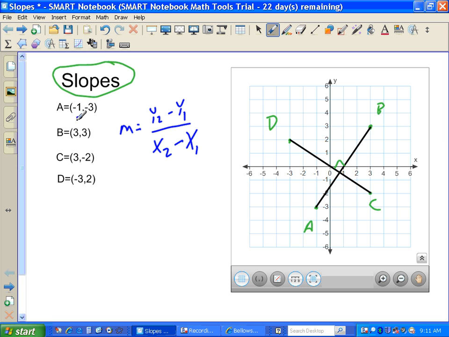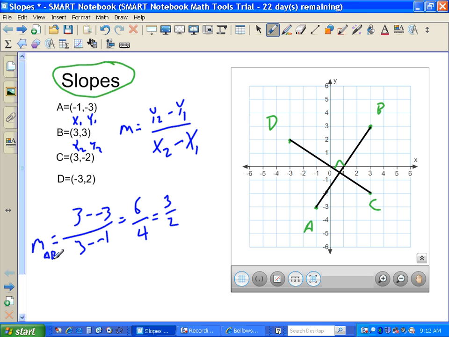So we plug in what we know. y2 is 3, y1 is -3, so 3 minus -3 over 3 minus -1. On top I get 6, on the bottom I get 4. That simplifies to 3/2. So that's the slope of AB.